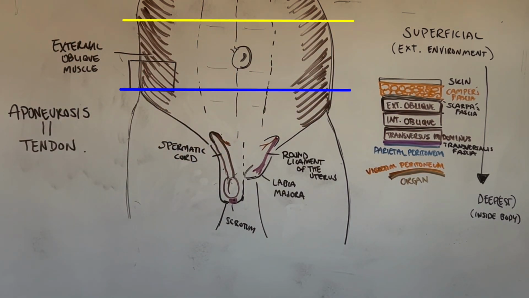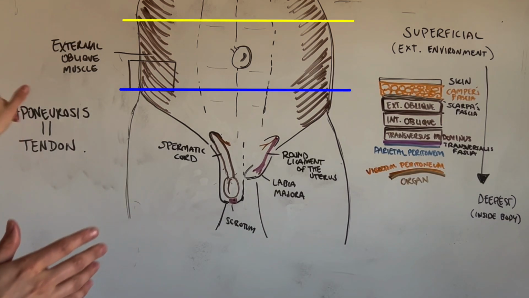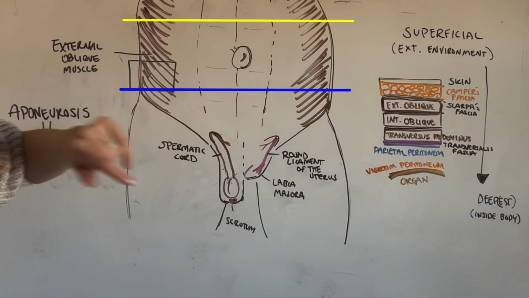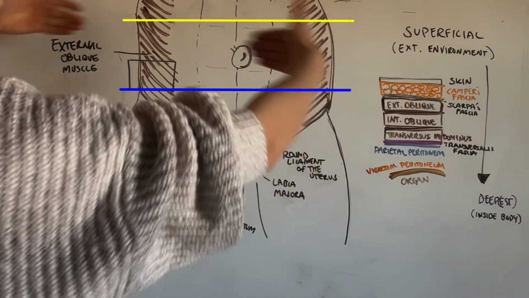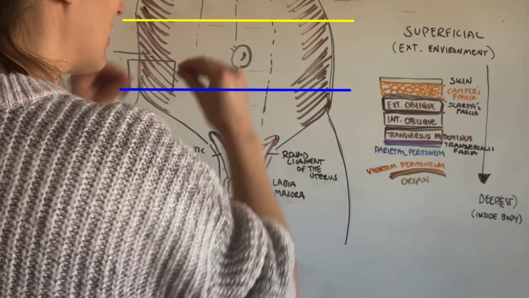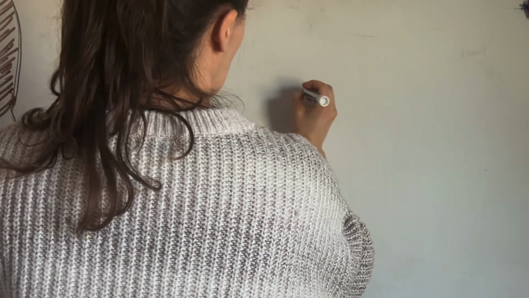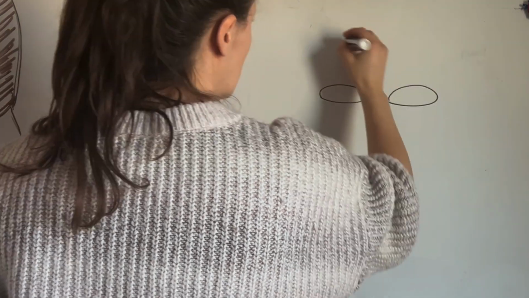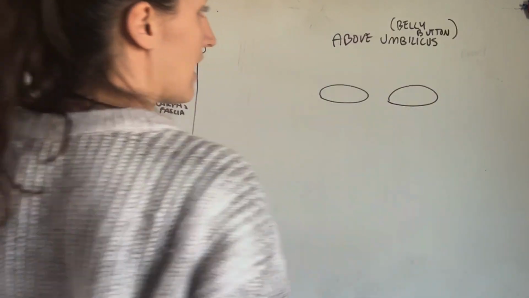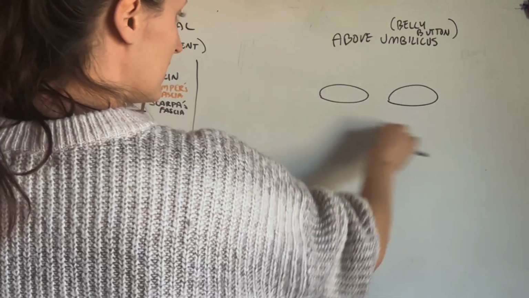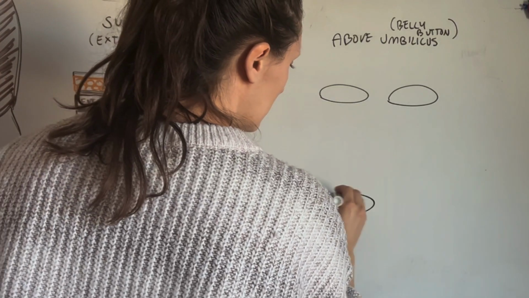I'm going to show you the difference in how these aponeuroses, which go around the rectus abdominis muscle coming from either side, are going to encase that rectus abdominis, because there's a switch in where they are. So our upper cut, this will be our above umbilicus, aka the belly button. This is our above umbilicus version. This is our below umbilicus version.